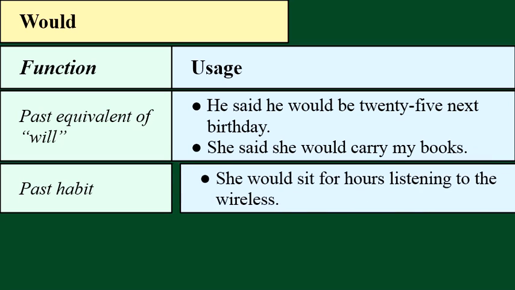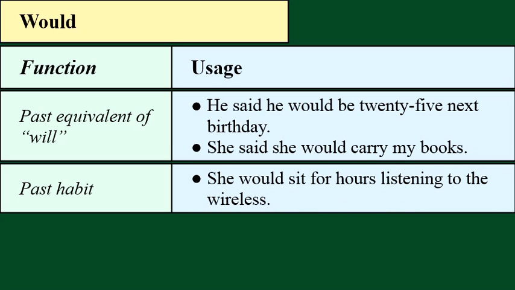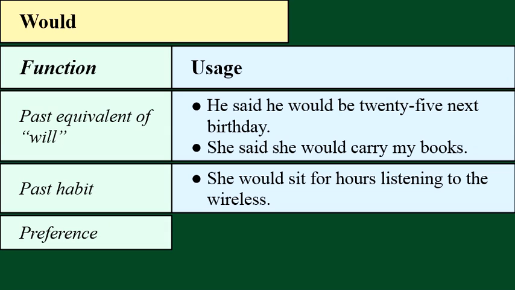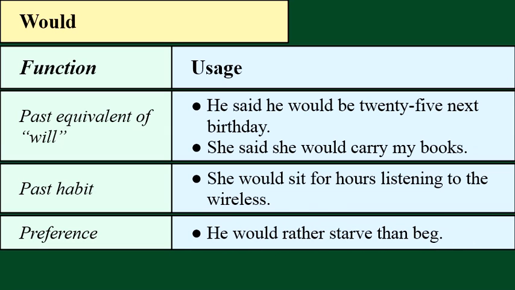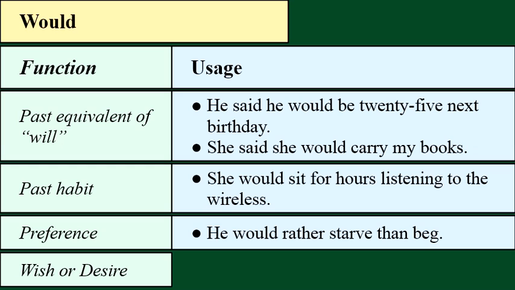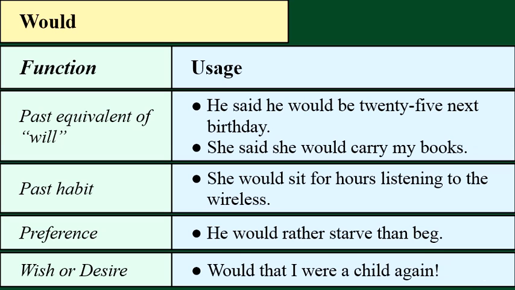The examples are, she would sit for hours listening to the wireless. It is used to indicate preference. The example is, he would rather starve than beg. It is also used to indicate wish or desire. The example is, would that I were a child again.